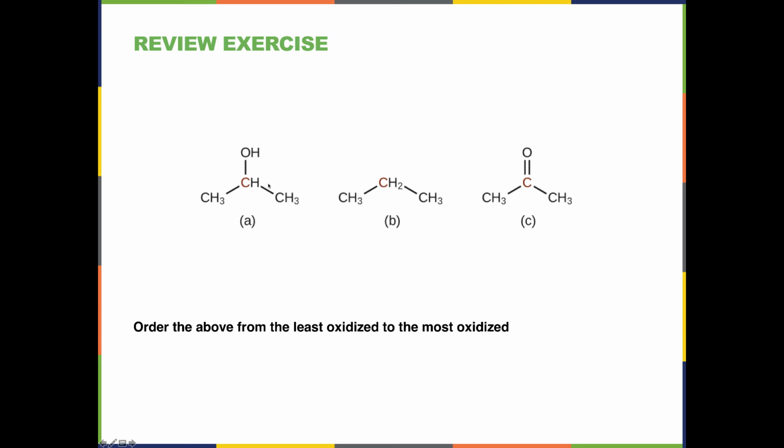Then it will be oxidized further to form the, in this case, ketone. So you go from B to A to C, and then you can't oxidize this any further because of these 2 methyl groups. So you can't form an acid unless this oxygen is on the end. So it's B to A to C.